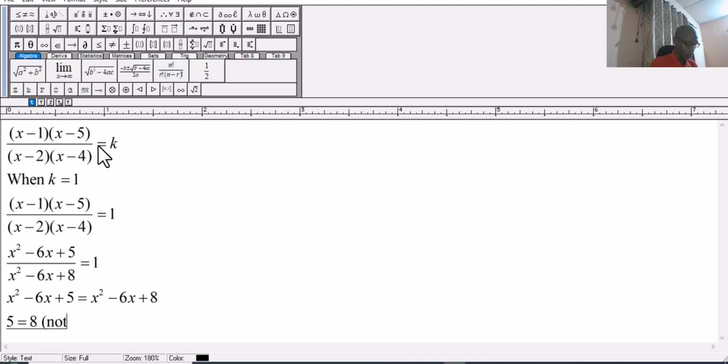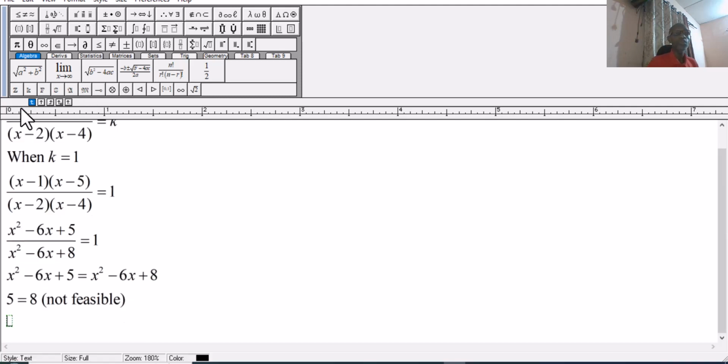This is not feasible. 5 can never be equal to 8. So at k equals 1, that solution is not feasible. It does not exist.